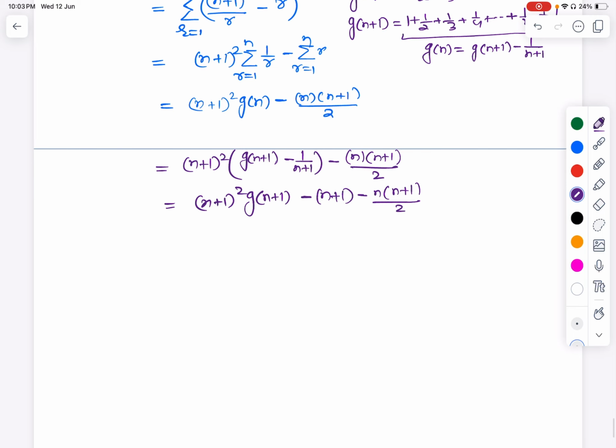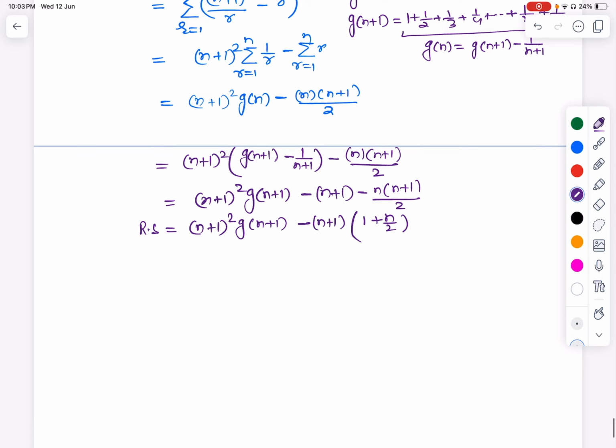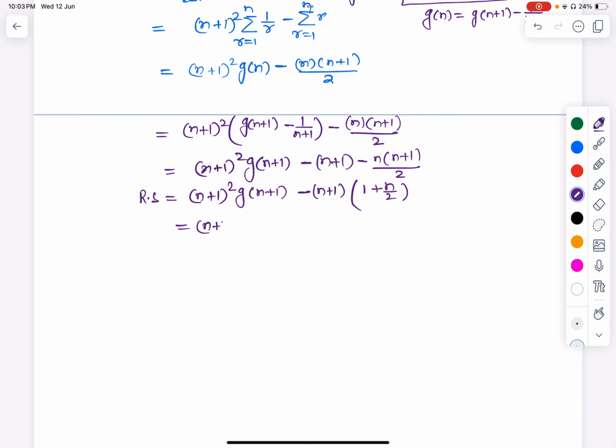So we can clearly say now we have the required sum in this form, (n plus 1) whole square, that is P of n, into g of n plus 1 minus this, which we have to simplify. Let's take minus of (n plus 1) common. So what we are getting here is 1 plus n by 2, that is (n plus 2) by 2. Now this is P of n g of n plus 1 as it is, minus (n plus 1) into (n plus 2) by 2.